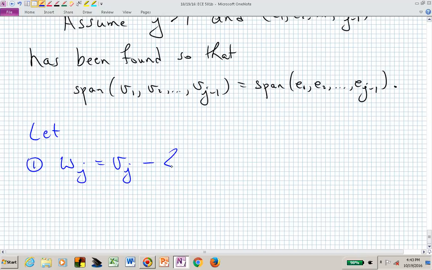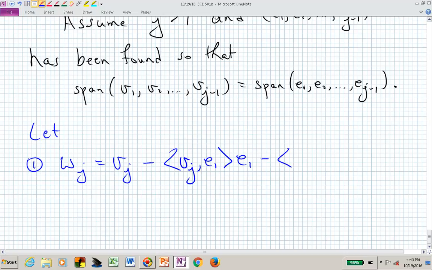Now take away from V sub j, the component of V sub j in the direction of E1. That gives us the amount, and then we scale E1 with that. And we just do that for all of these vectors, E1 through E sub j minus 1 in our orthonormal list.